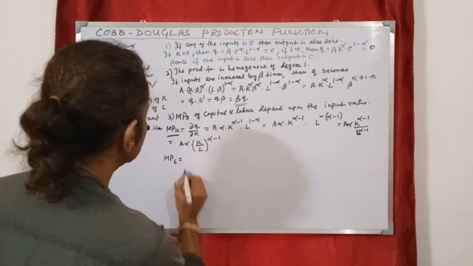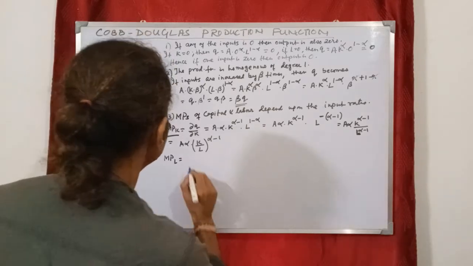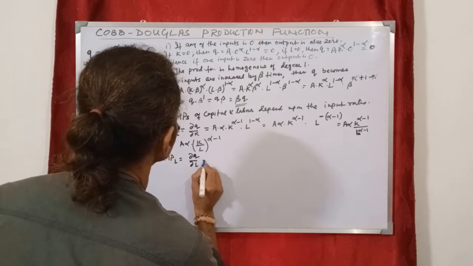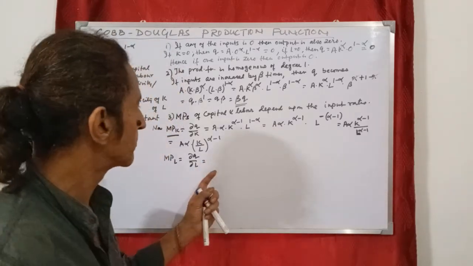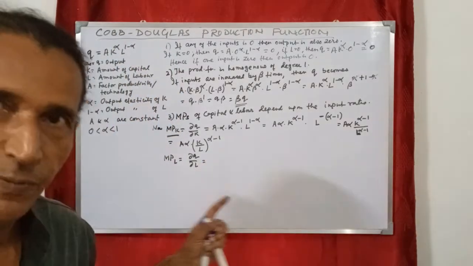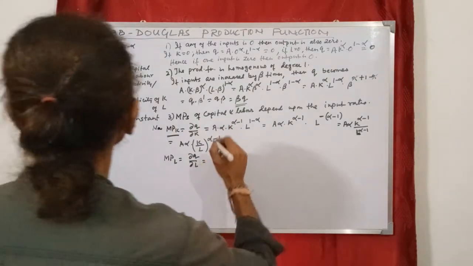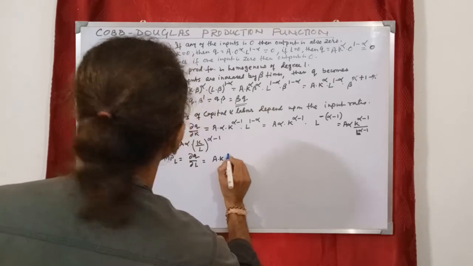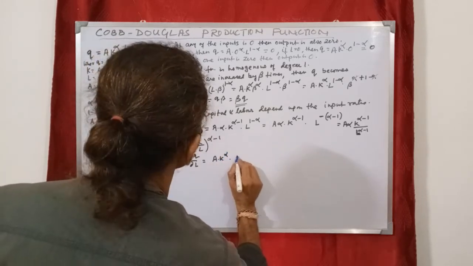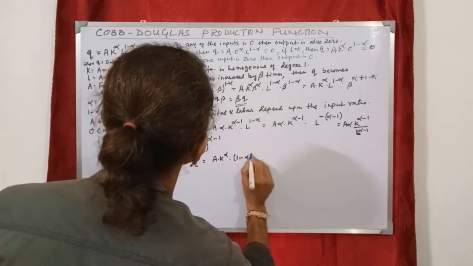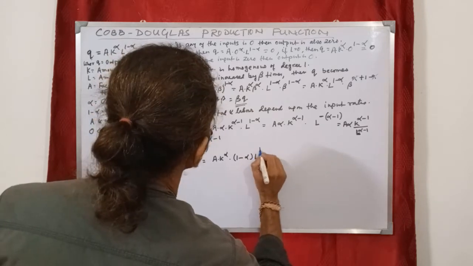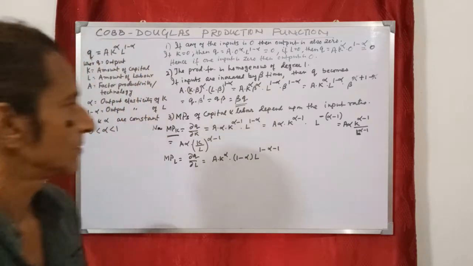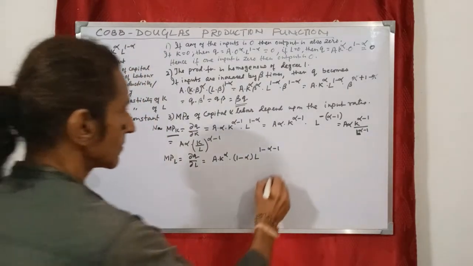MPL, that is marginal productivity of labor, is equal to dQ/dL. Again we take the partial derivative of Q with respect to L. So what we get? We get A K to the power alpha into 1 minus alpha into L to the power 1 minus alpha minus 1, right?